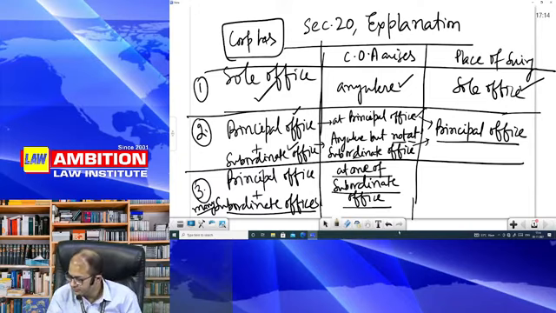So you cannot file a suit to challenge the validity of a decree passed in a former suit where you have raised an objection as to the place of suing. This objection as to place of suing will not be entertained or be a ground to question the validity of a decree.